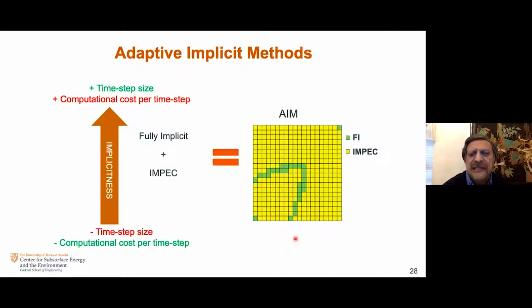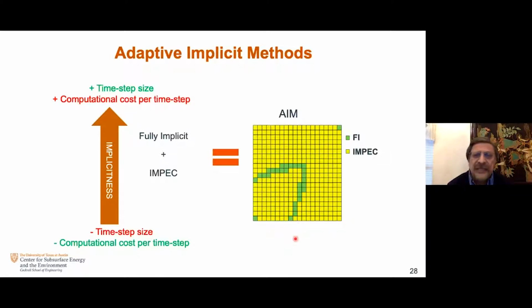For example, in the areas around the wellbore with high velocities, or other places where we need to be careful, we might use implicit approaches in some areas. Implicit methods are computationally more expensive per time step.